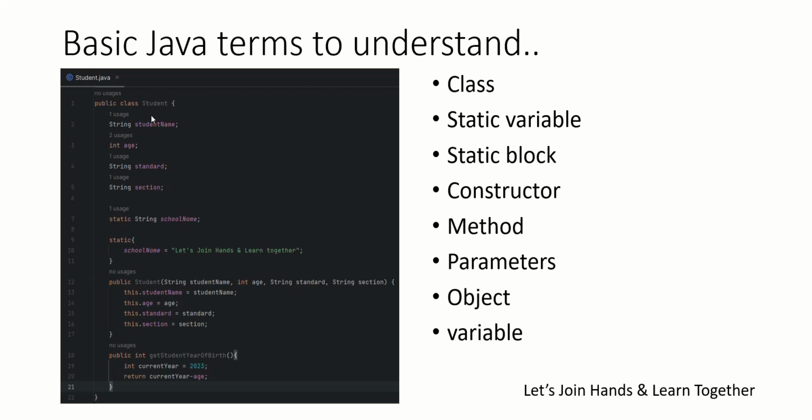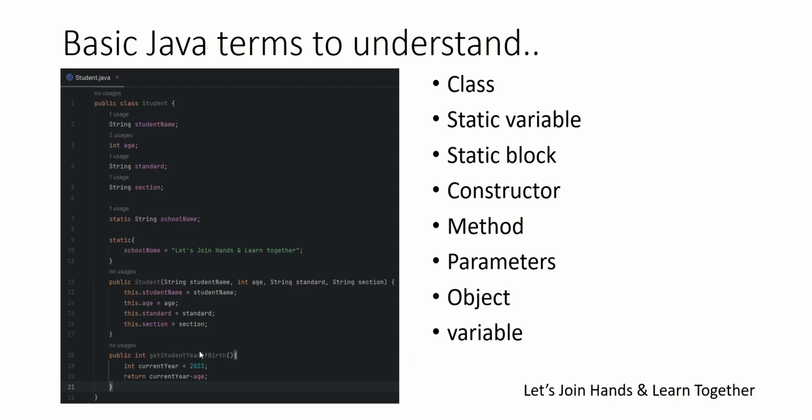Then each and every parameter we are maintaining is called a variable. These variables, if present to create an object, are called instance variables. And then you will get a question: what is an object? Consider this structure is called a class, and I want to store each and every student's information.